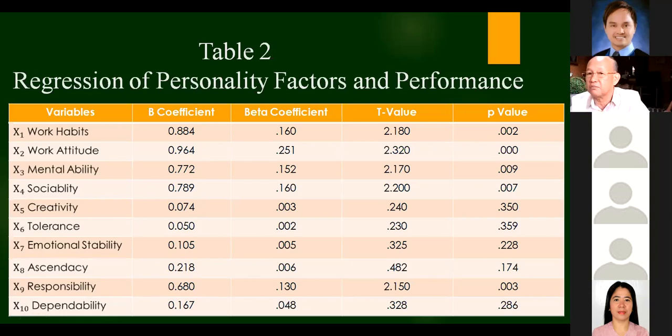So you must be able to explain all this. I repeat, the B coefficient tells what happens to Y, performance, for every unit change in X, the personality factors. Any question on the B coefficient?